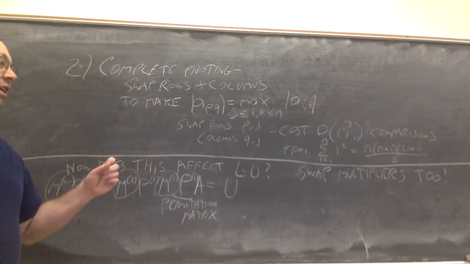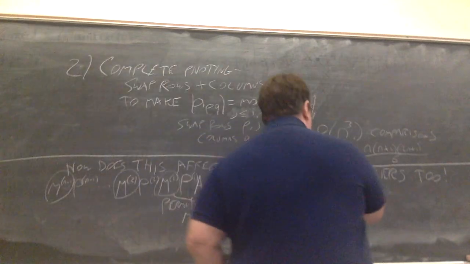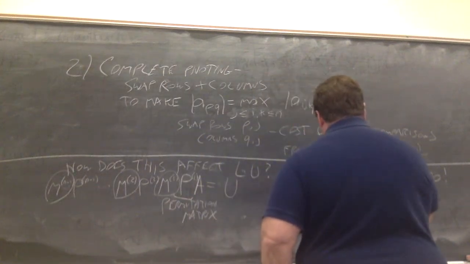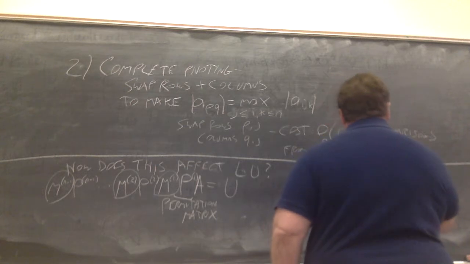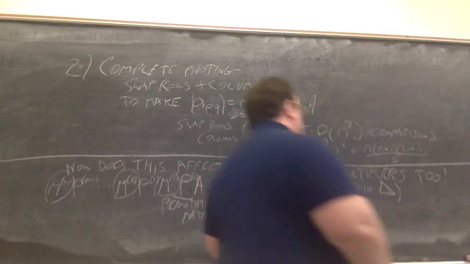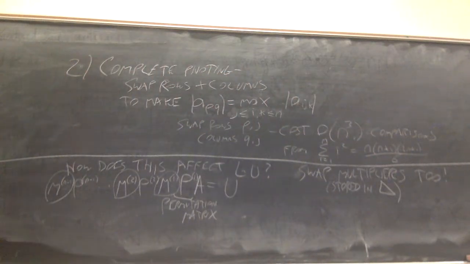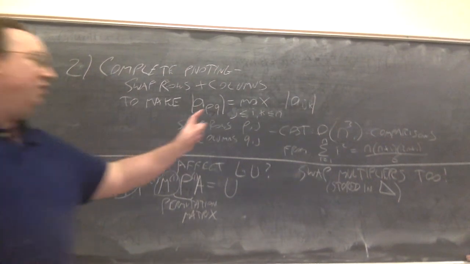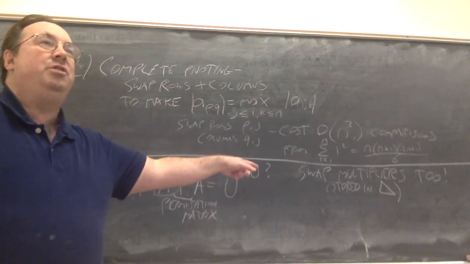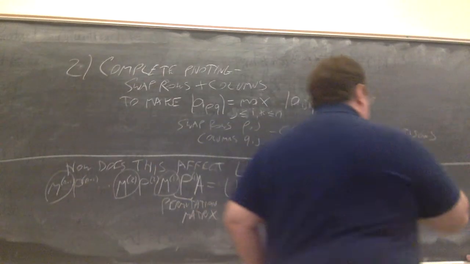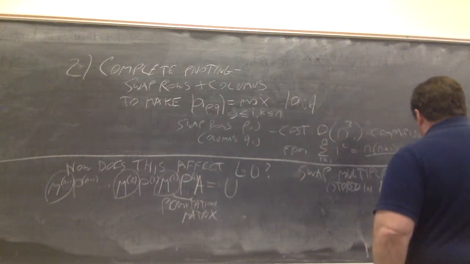But you're also storing the multipliers in your lower triangle. So if you store the multipliers in that lower triangle as you go, and actually one of the homework 2 problems requires you to do this, when you see you've got to do a row interchange, swap that part of the row too. In other words, you swap the entire row.